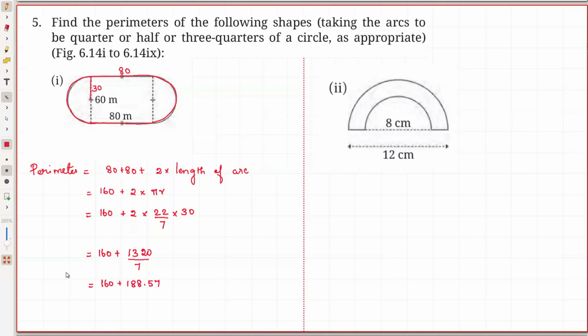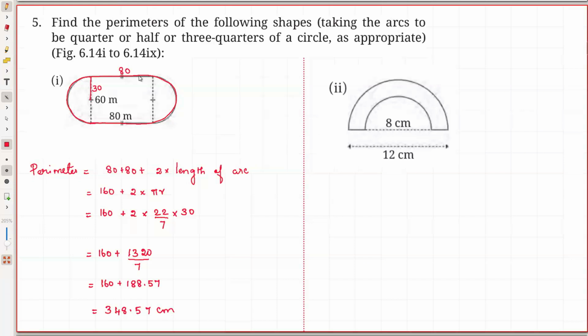So if you're adding these two, 160 plus 188.57, we get 348.57 centimeter.